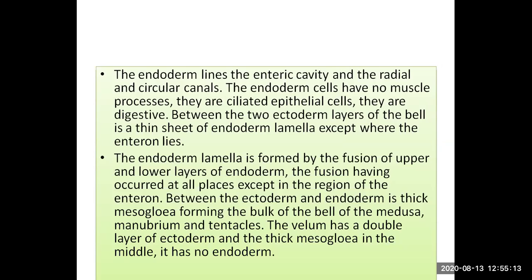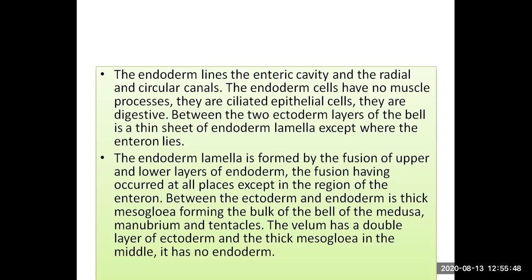The endoderm lamella is formed by the fusion of the upper and lower layers of the endoderm, the fusion having occurred at all places except in the region of the enteron. Between the ectoderm and endoderm is a thick mesogloea forming the bulk of the bell of the medusa.